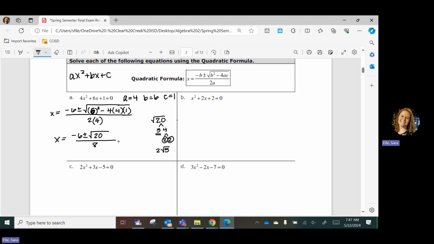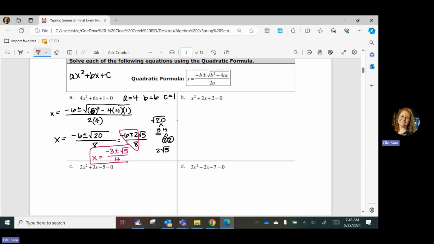So I could simplify that to -6 plus or minus 2 root 5 over 8. And then remember that triangle there. If this can reduce some, you'll want to reduce it. All of those can be reduced by 2. They all have a common factor of 2. So I can simplify that a little bit by saying -3 plus or minus root 5 over 4.